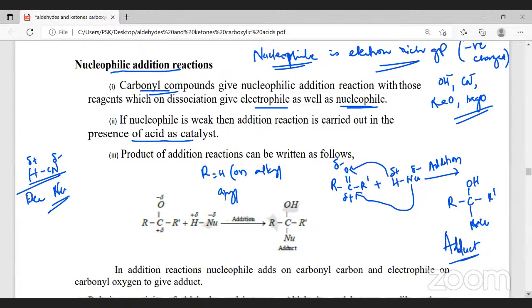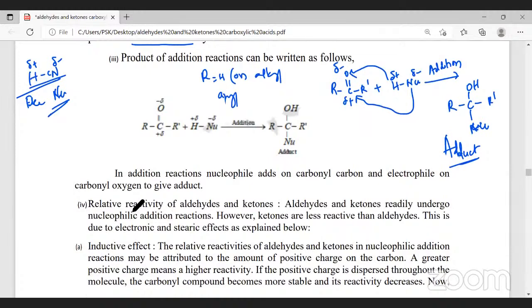ADD stands for addition and UCT stands for product. In addition reactions, the nucleophile adds on to the carbonyl carbon and the electrophile adds on to the carbonyl oxygen.